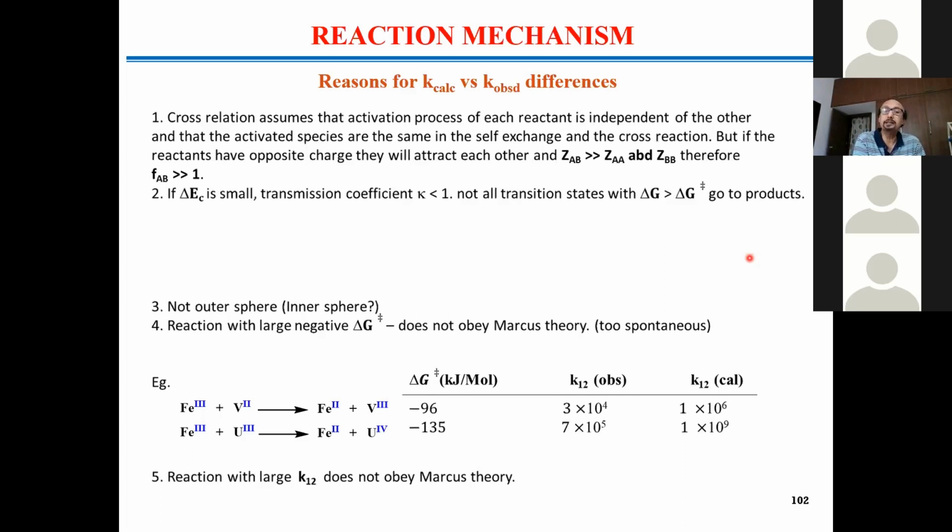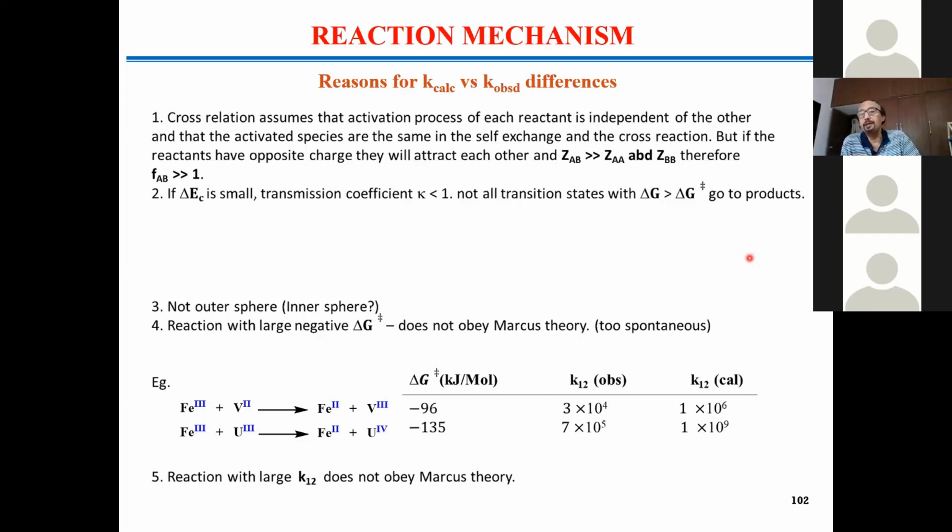Another important factor he talked about: the potential difference between the oxidant and reductant, which individually you can determine experimentally by electrochemistry, particularly polarography or cyclic voltammetry. If the gap or potential difference, that means delta E, is too low, that could also contribute towards this difference between calculated and experimental values.